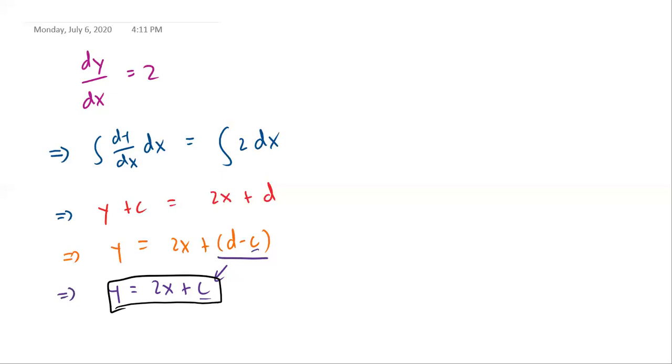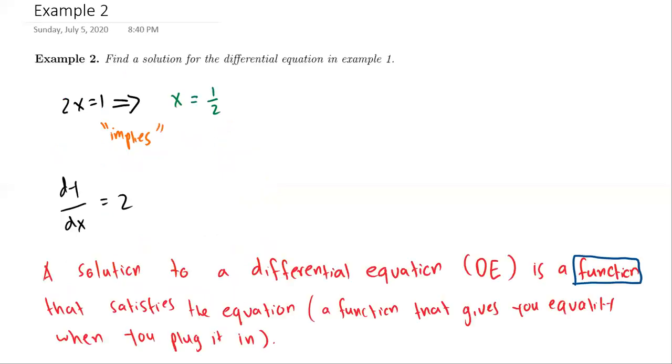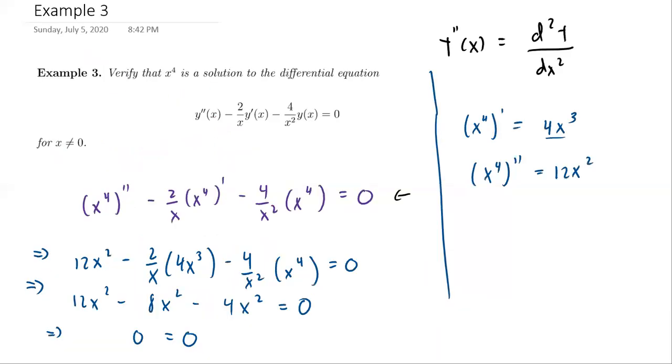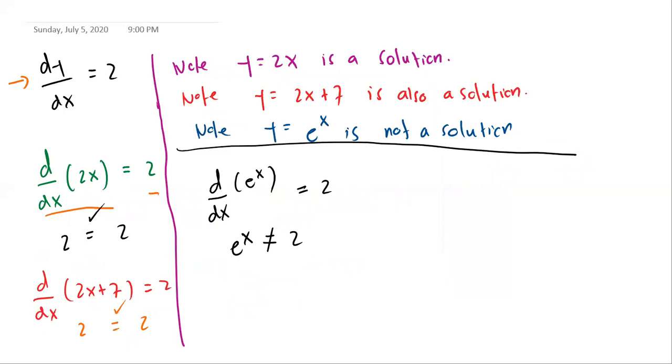After you simplify, what are solutions to this differential equation? Functions of this form, 2x plus c, which matches what we did in the example earlier. We saw that y equals 2x is a solution, y equals 2x plus 7 is a solution, and in general, y equals 2x plus any constant is a solution to this differential equation, dy/dx equals 2.